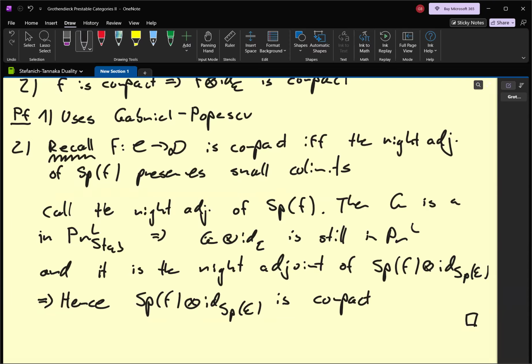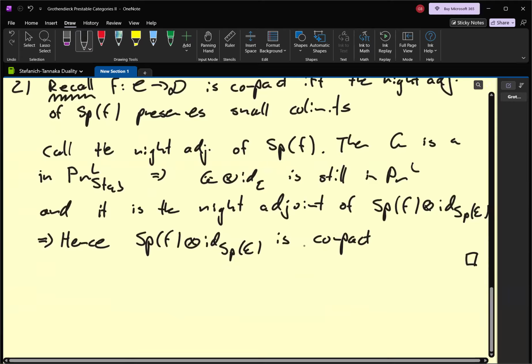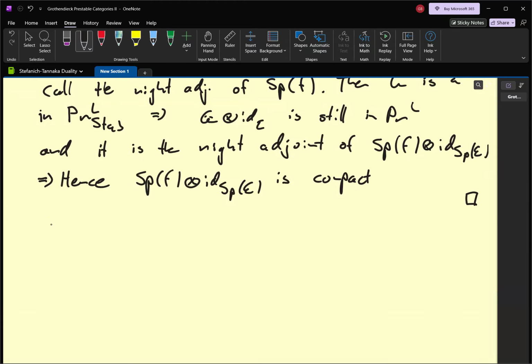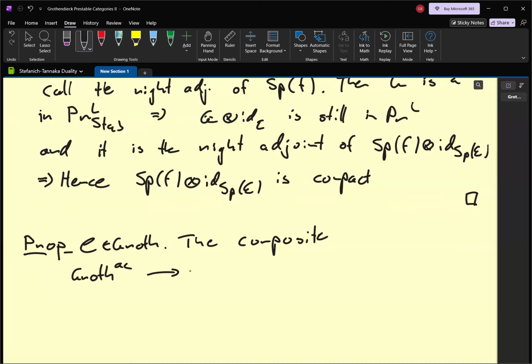And that's kind of nice. But now we want more control over colimits. There's a proposition I just don't want to prove. It's true, but I just don't want to prove it. So we have C in Groth, and then we can consider the composite here to here to here, given by tensoring with C. This preserves small colimits.